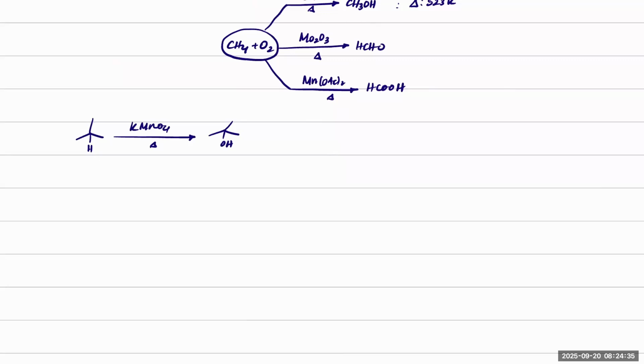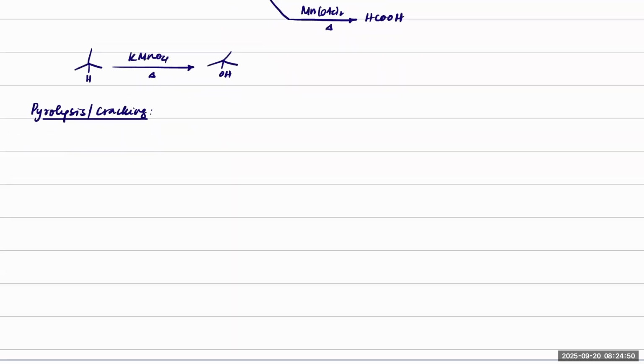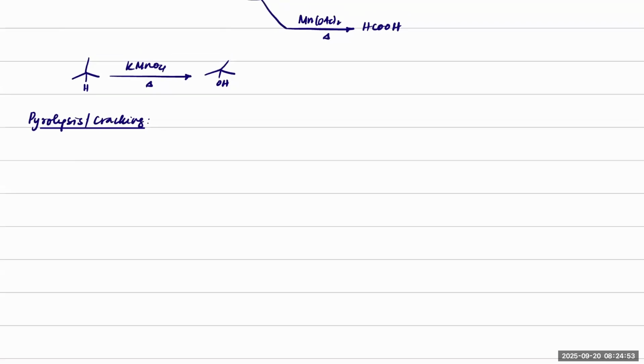And lastly, controlled oxidation can also be shown as pyrolysis, also known as cracking. In pyrolysis or cracking, suppose you have C6H14 and you heat it strongly at around 773 kelvins. Usually for pyrolysis, zinc oxide is taken, with 773.